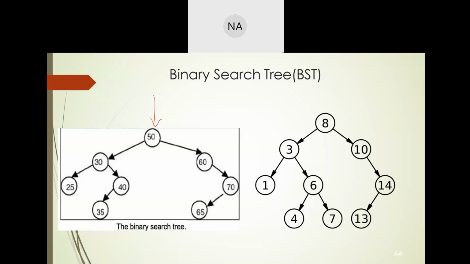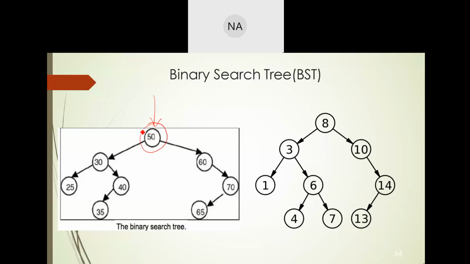The condition for the binary search tree is that the value in the left subtree must be smaller than the value stored in that node, and the value stored in the right subtree of that node must be greater than the value stored at that node. So check for all the nodes. Start from the root.